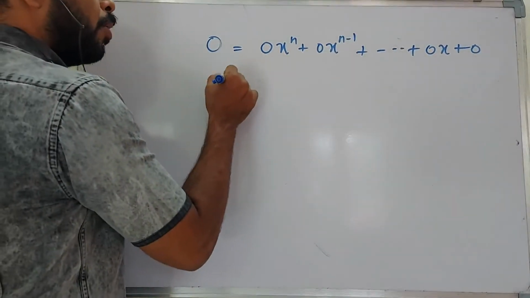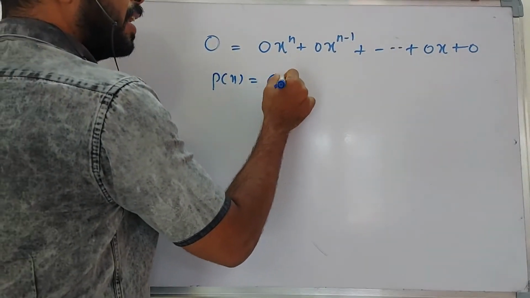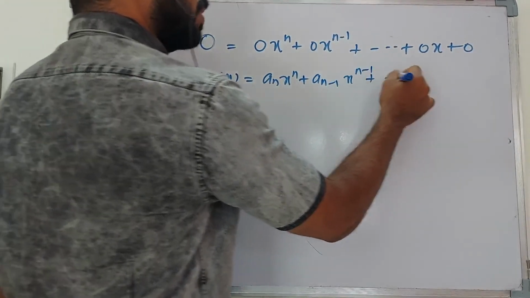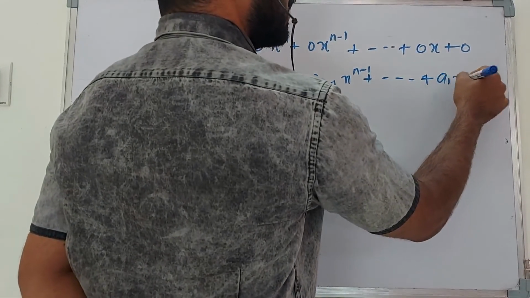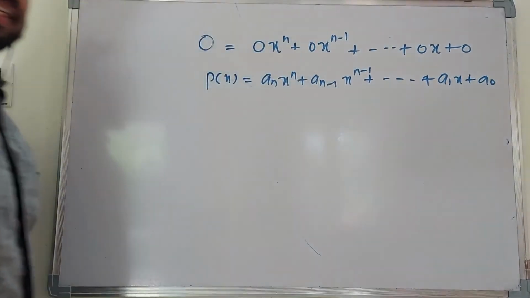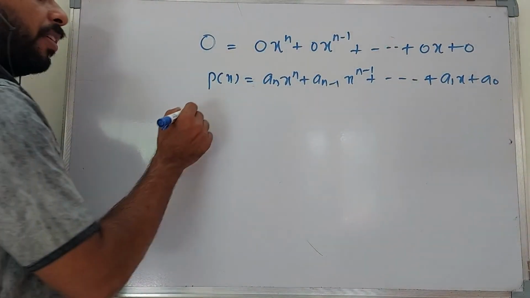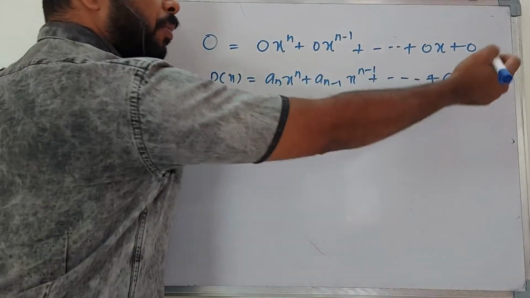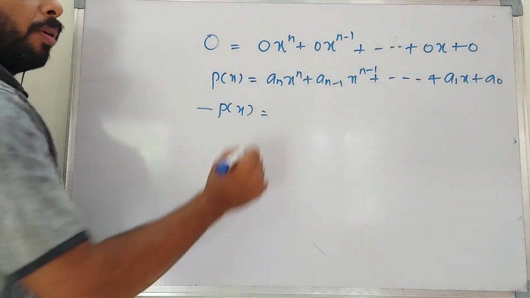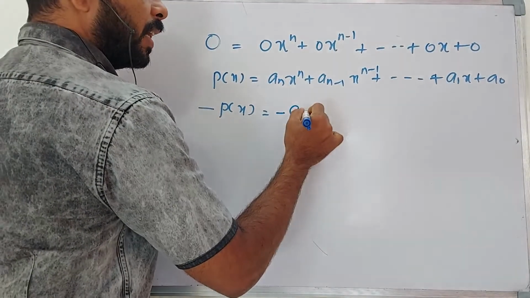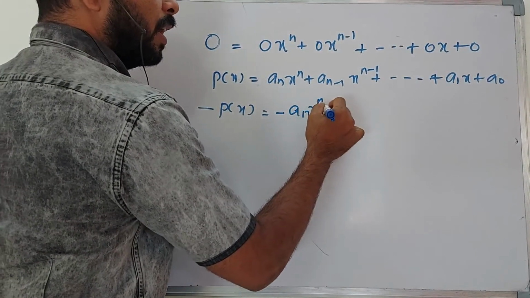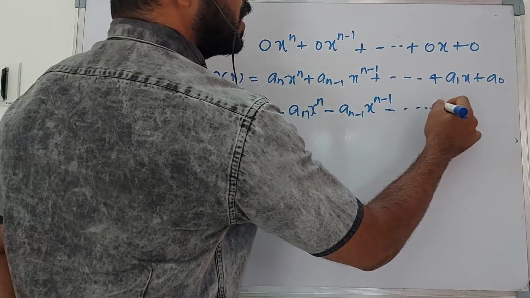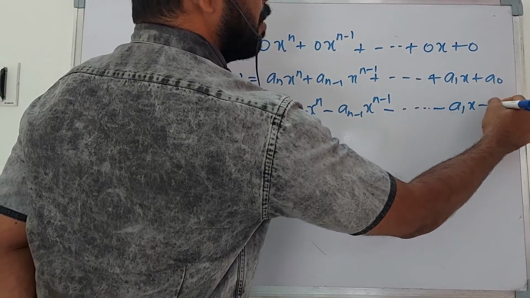Similarly, if p of x equals an x raised to n plus an minus 1 x raised to n minus 1 plus etc., plus a1x plus a0 is a polynomial, then its inverse is minus p of x, obtained by taking the negative of all coefficients: minus an x raised to n, minus an minus 1 x raised to n minus 1, minus etc., minus a1x minus a0.